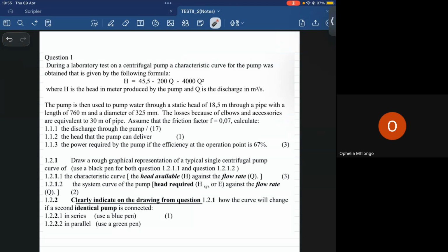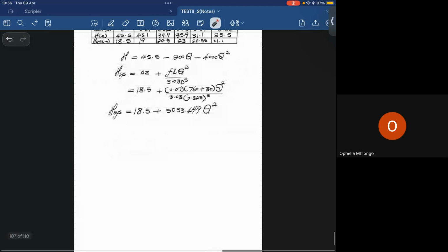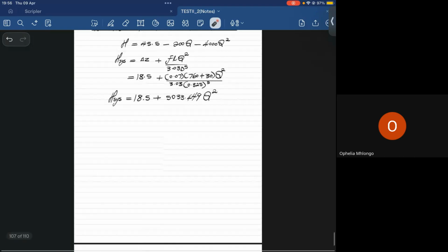So from here, because the question says we must find the magnitude of the volumetric flow rate, the head, as well as the power, we must first draw the graph of the centrifugal pump, which will be the graph of the head versus the volumetric flow rate.